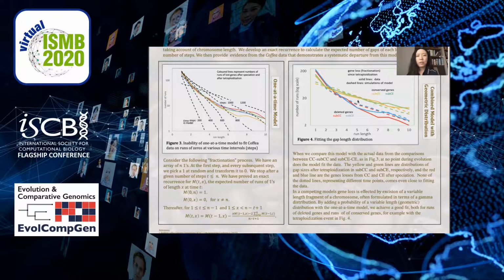The optimized parameter of the gamma turns out to be a geometric distribution, and this returns 70% of deletions from the one-at-a-time model and the rest from the geometric distribution. And from the diagram, we can see the combined model is a much better fit at both the head and tail of the real data. Thank you for watching.